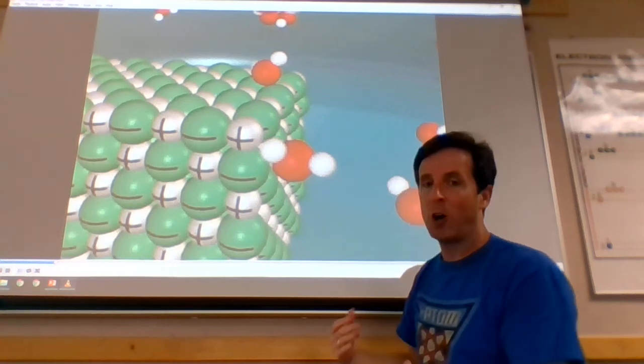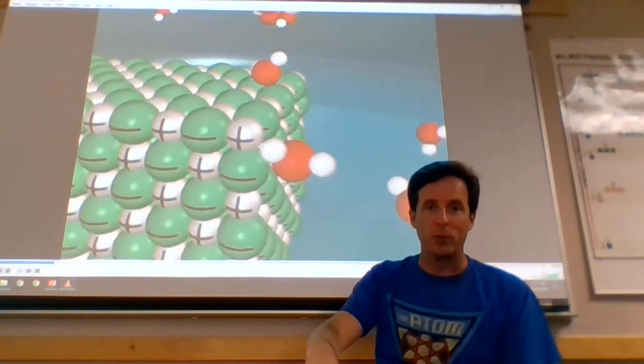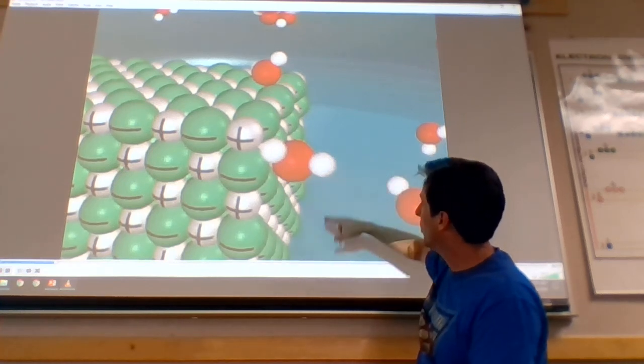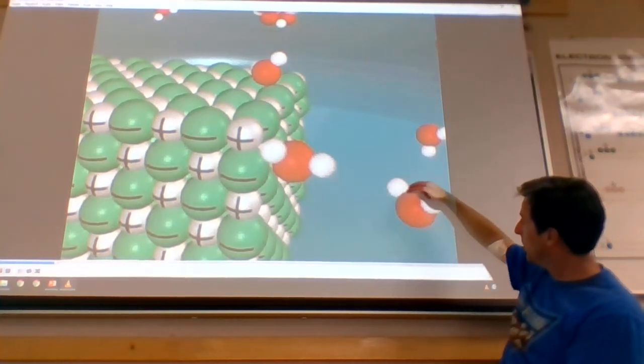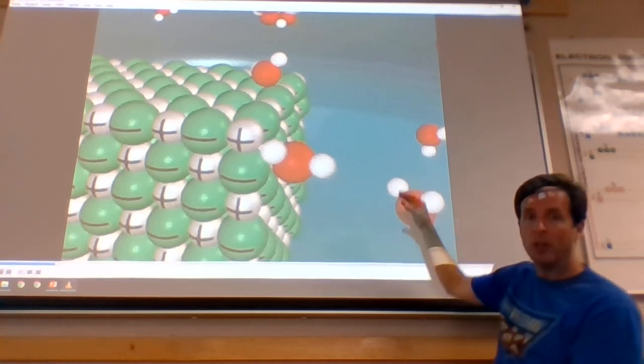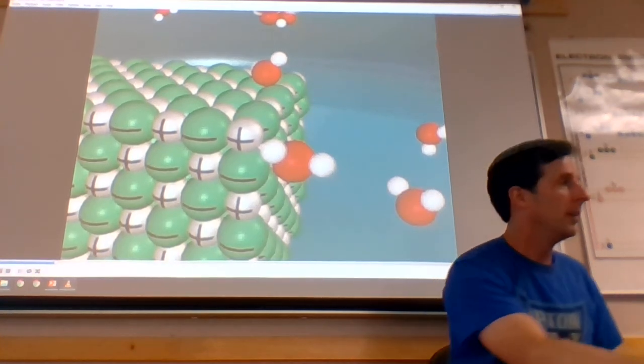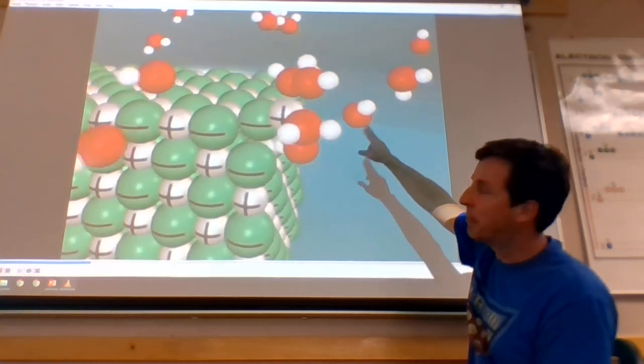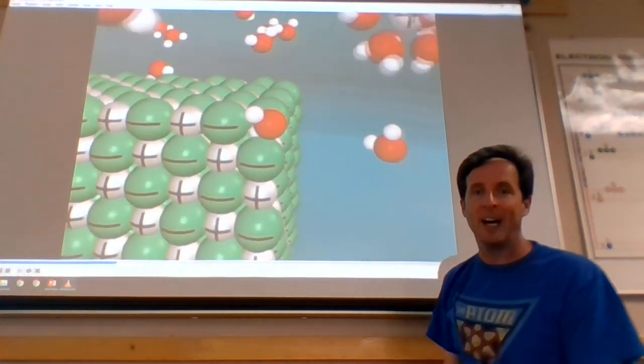And then when I dissolve it in water, so if I drop a crystal into a beaker of water, what happens is the water molecules, which this is an oxygen with two hydrogens on it, so that's a water molecule, come in, and if I start playing the video, they pull the ions apart one ion at a time.